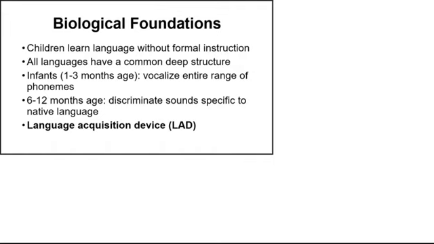Some of the evidence that they've used to support a biological foundation, basically saying that we have some genetic predisposition towards acquiring language, would be things like the fact that children learn language without formal instruction. Kids don't have to go to classes to learn how to speak.